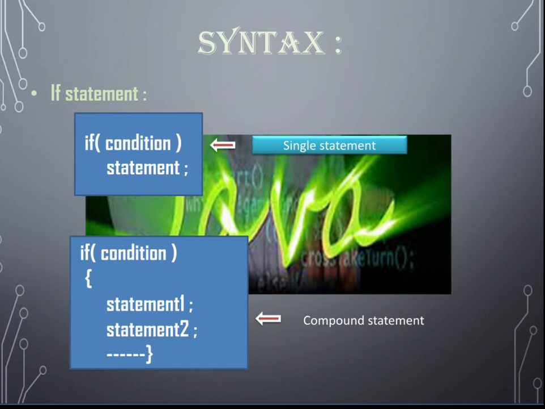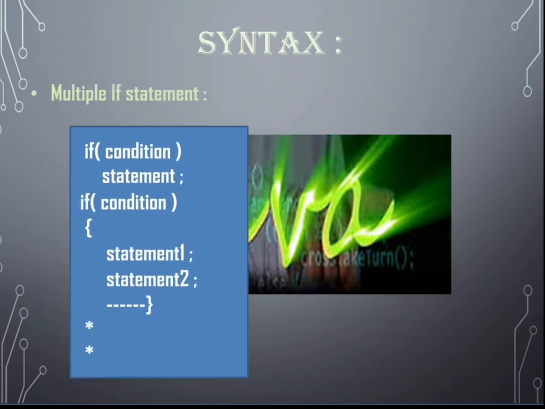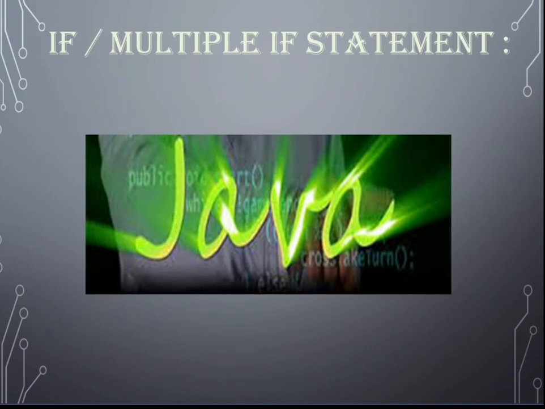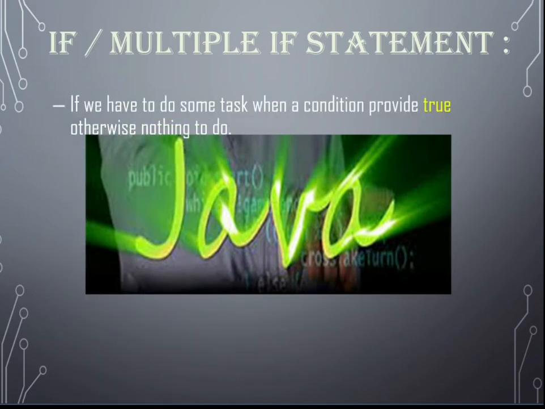If condition, then statement. All these things I am telling you again and again are: if condition then statement. When we have only a task and a condition, then if the condition is true, we do that task, otherwise we do nothing.